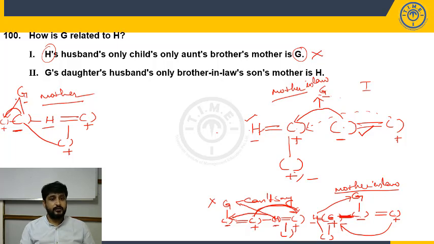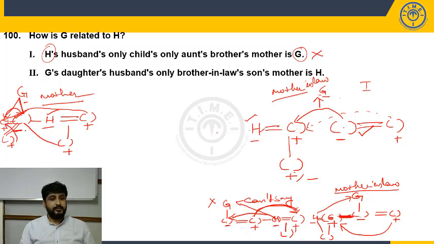Let's come to this point. G's daughters' husband. Okay. It could be this person or it could be this person. Okay. So let's say husband's only brother-in-law. From here to here it is this person, from here to here it is this person. Okay.